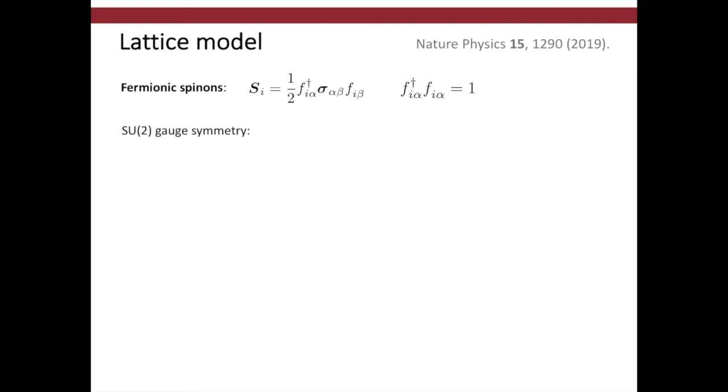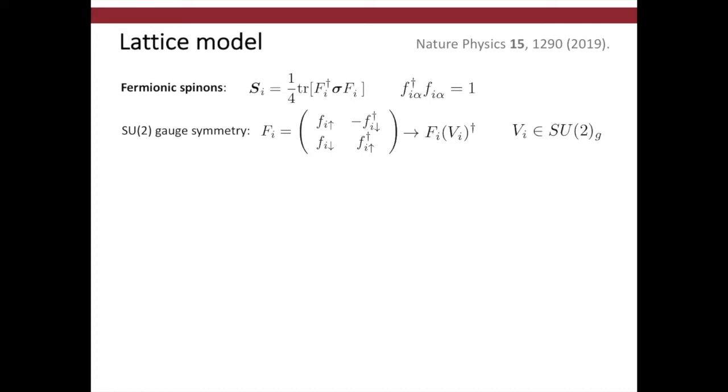The easiest way to see this proceeds by defining a 2x2 matrix F containing the spinon operators. It requires only straightforward algebra to convince yourself that the expression for the spin operator can be rewritten as a trace in this way, and is hence invariant under right multiplication of F by an arbitrary site-dependent SU2 matrix, leading to an SU2 gauge theory.